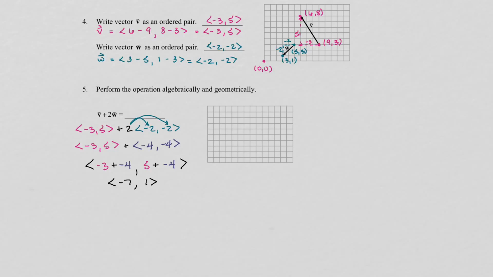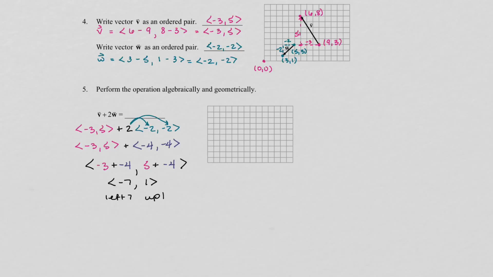And that's your component form. That tells us that we go from the beginning to the ending point. We go left 7 and up 1 from beginning point to ending point. That's what that tells us. Now, if we look at that graphically, if we look at it geometrically, because v comes first, v stays where it was on the other graph.